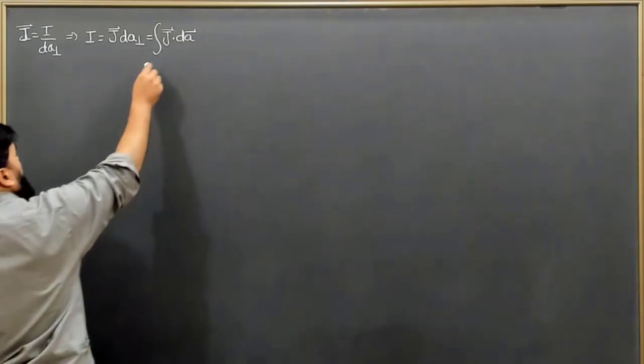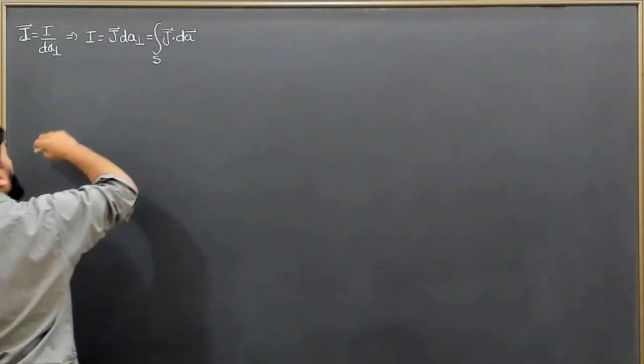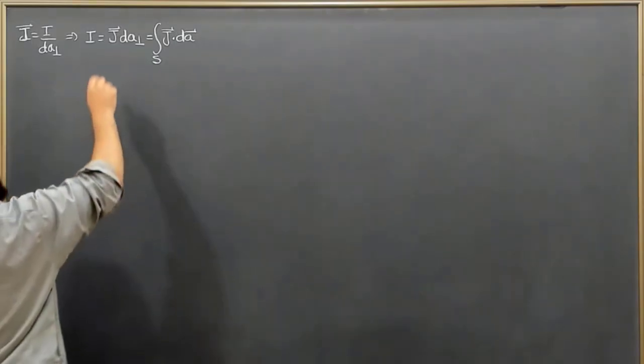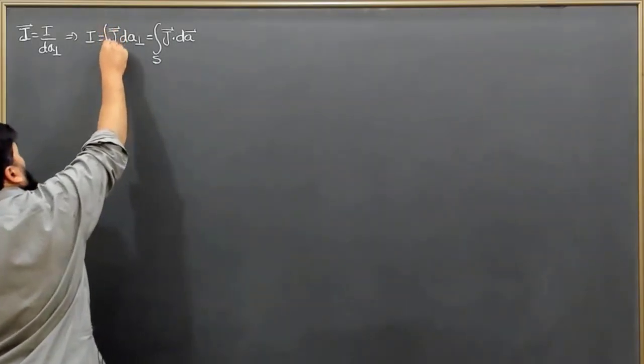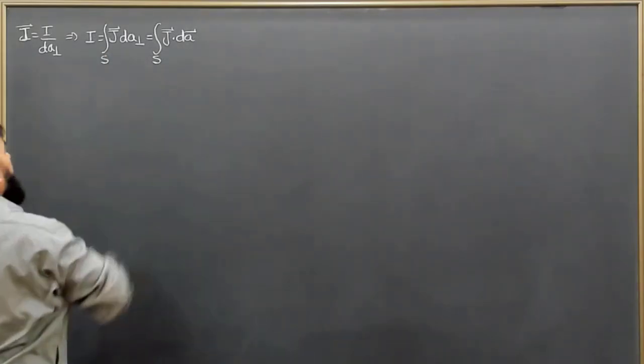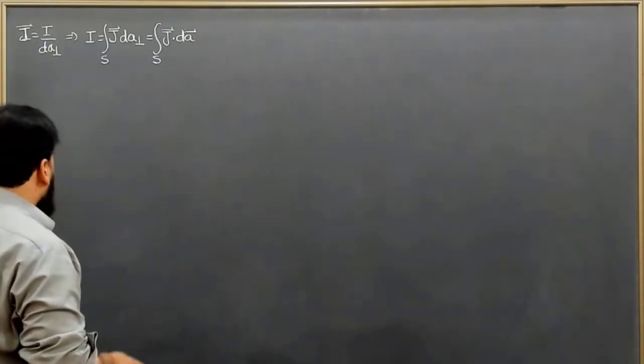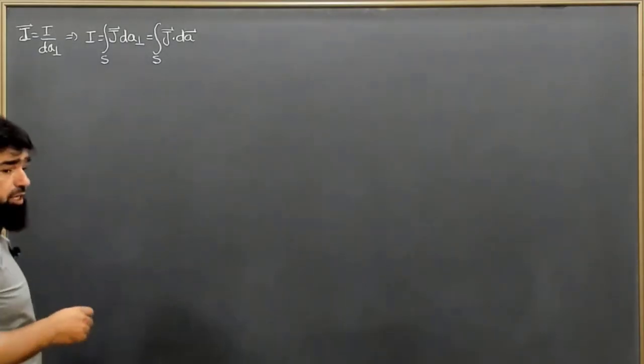So this is the surface integral, which gives the total current on the surface, J dot dA.